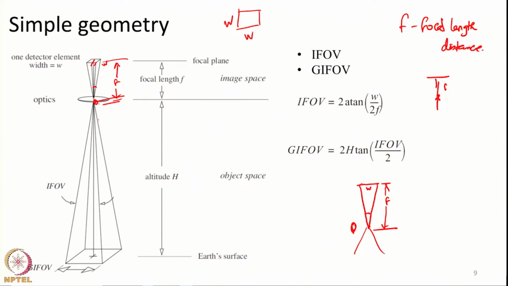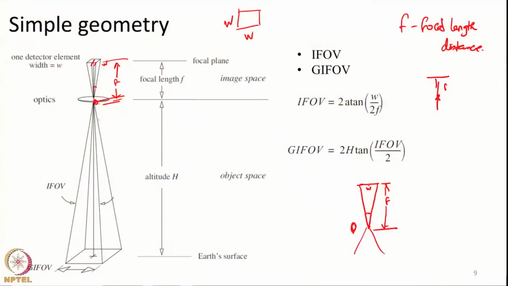This is not a 3D angle, not a solid angle I am talking about, just a plane angle in 2 dimensions, because we are assuming it is a square element. So, it will have one plane angle in this direction and one plane angle in this direction, and the angle will be the same.